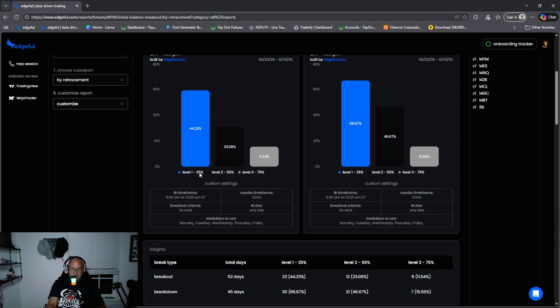I'll show you this again on the indicator. And 23% of the time, we'll pull back to the 50%. So 1 out of 4 will go back to the 50%. But a good percentage, we're going to pull back.